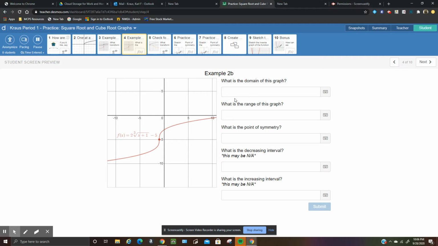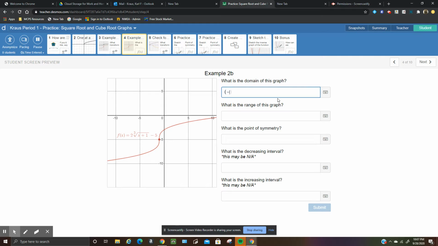All right, and then number 4, the domain. Let's see if I can just type negative infinity in here. Negative infinity, infinity. So if I do type the word infinity there, it just changes to the symbol.